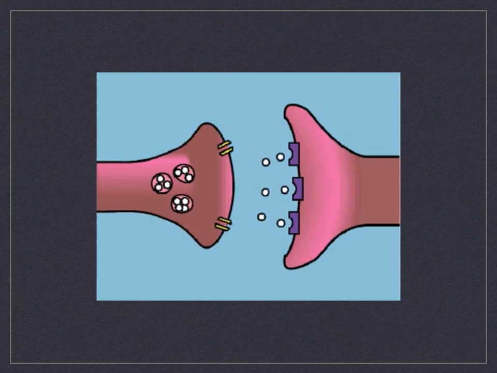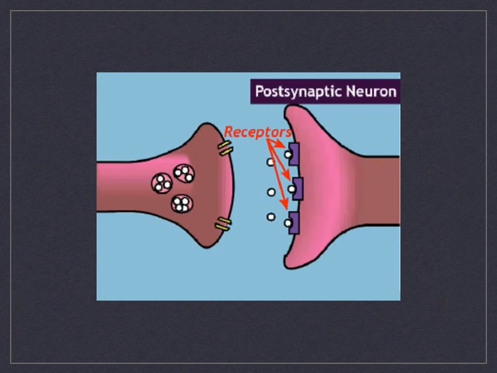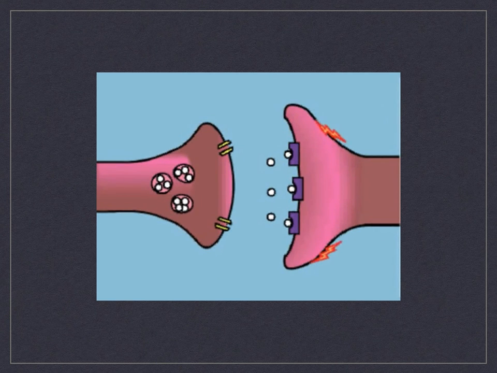They drift across the synaptic space and bind to special proteins called receptors on the postsynaptic neuron. The binding of a neurotransmitter to its receptor can trigger an action potential in the postsynaptic neuron. That electrical signal then moves toward the cell body of the postsynaptic neuron. Now that the neurotransmitter has relayed its message, it releases from the receptor into the synaptic space.